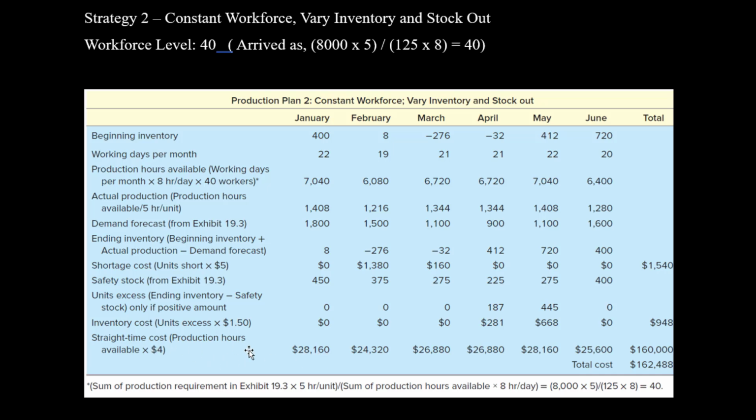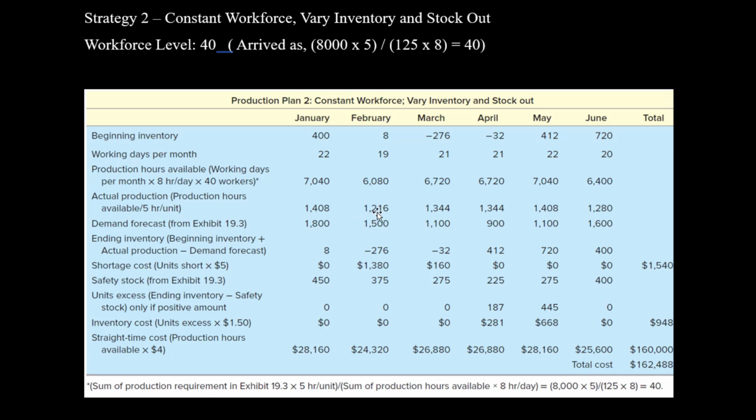Now in February we have a beginning inventory of 8, which was the ending inventory here. When we work out here, we get 19 working days into 40 workers, 8 hours, so 6080 total hours are available in the month, divided by 5, and we get the production, 1216.